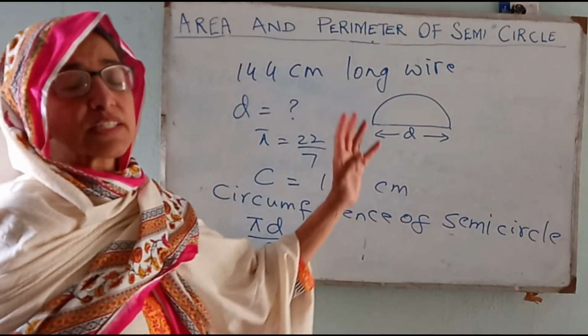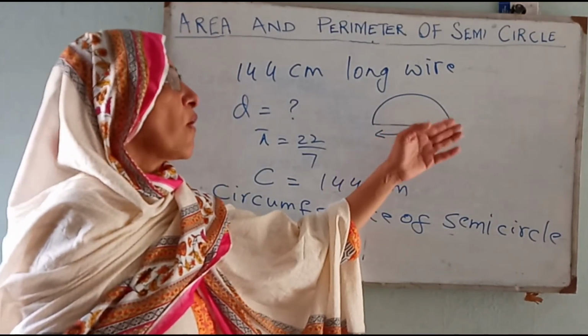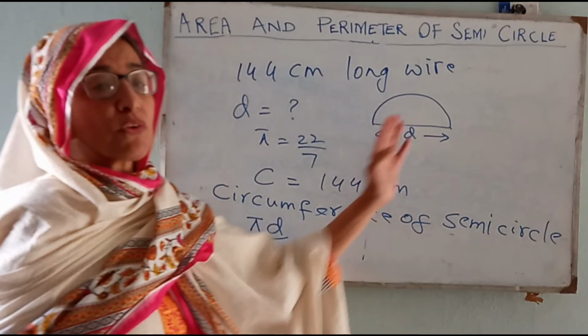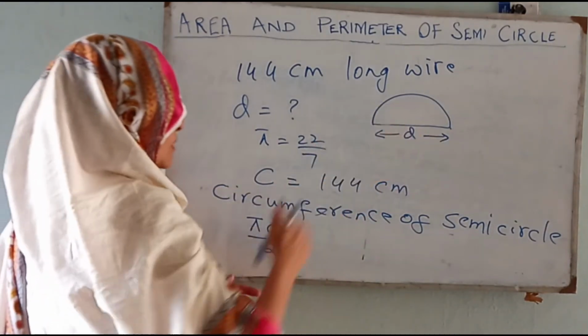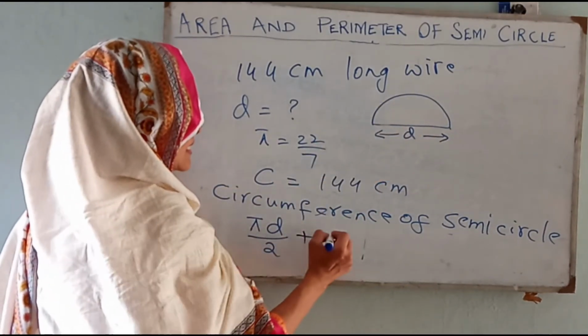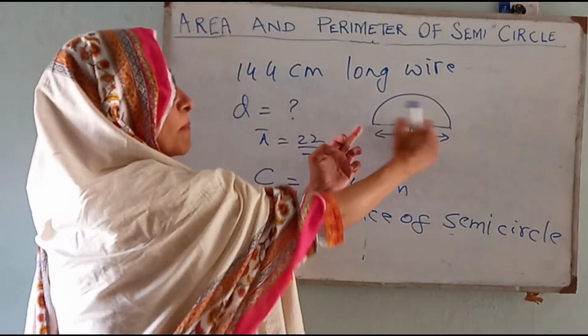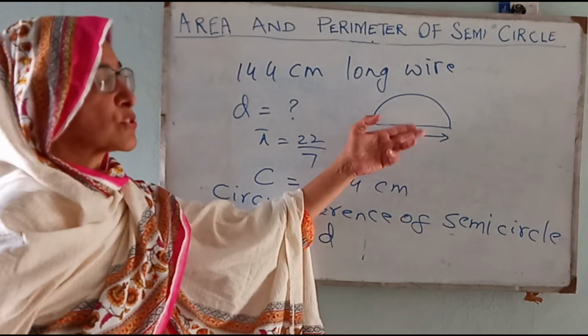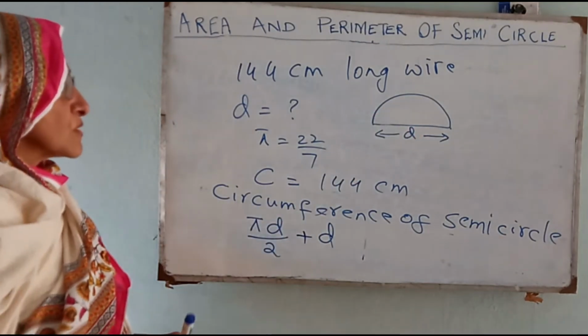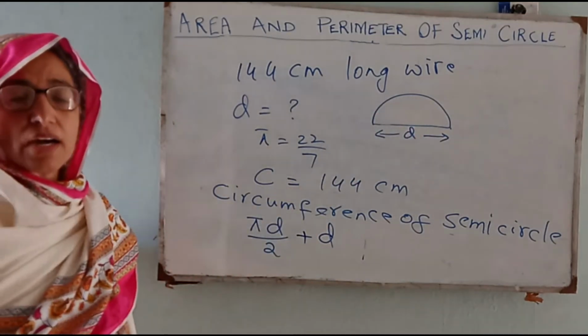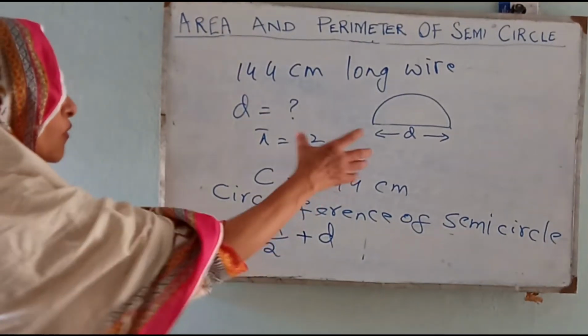When we have to find the circumference of the whole shape, we are going to add this d also in it. That means this portion plus this, because this is also the outside boundary.